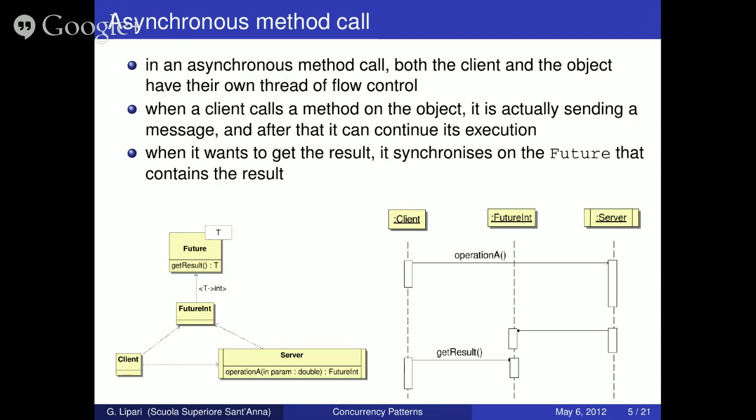And if you want to get a result, it synchronizes on the future that will contain the result later on. So you call an operation and you obtain a future. And later on, you go and ask the future what kind of result the server has produced.